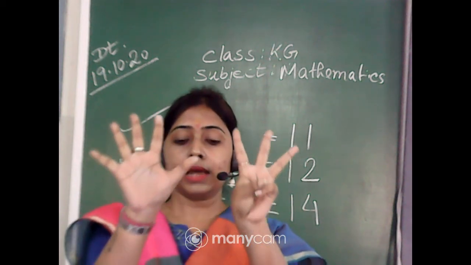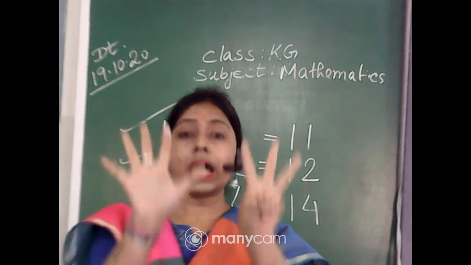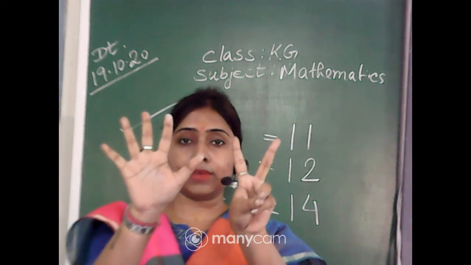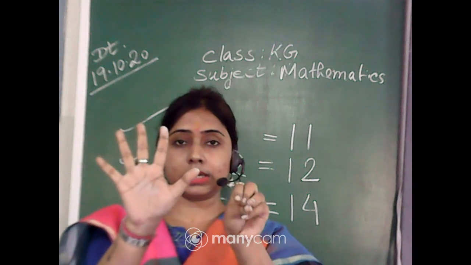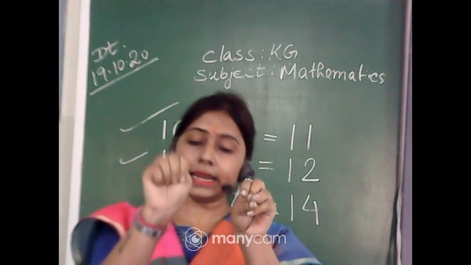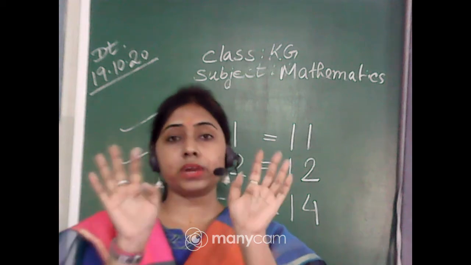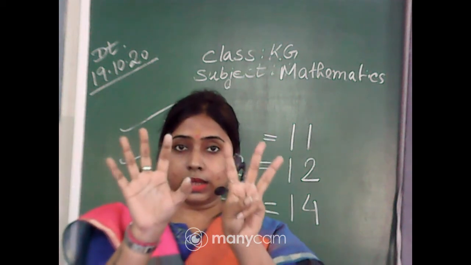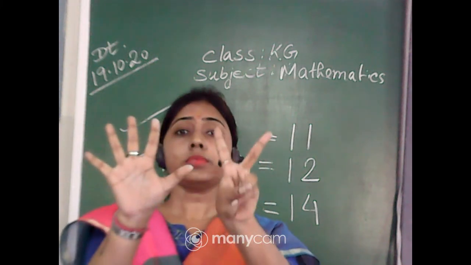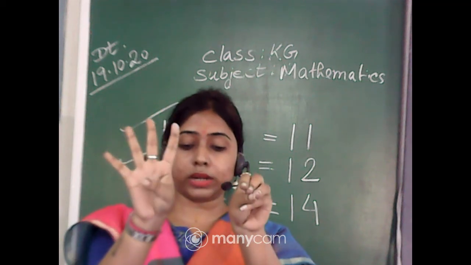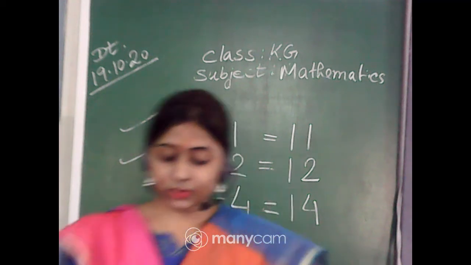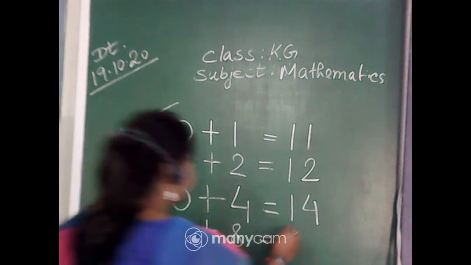Very good, Sushobon. Now after 10, you will count 8 fingers, one by one, and put one finger down each time: 11, 12, 13, 14, 15, 16, 17, 18. So 10 plus 8 is equal to 18.